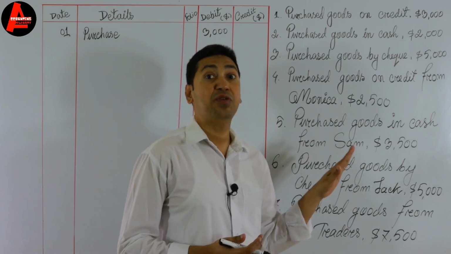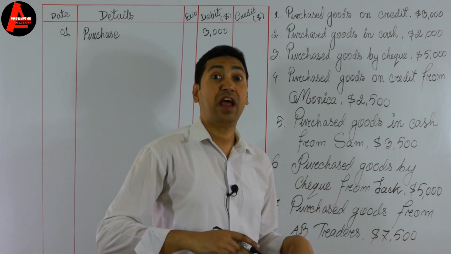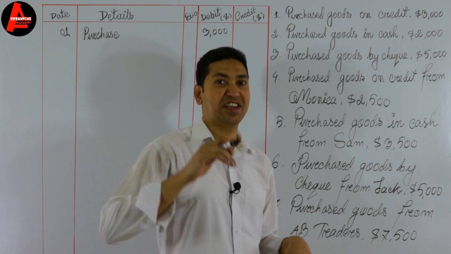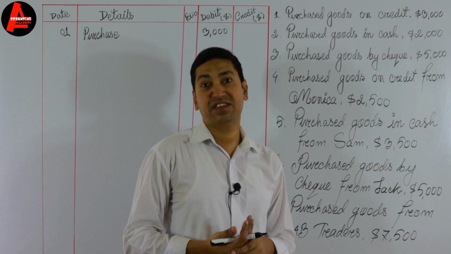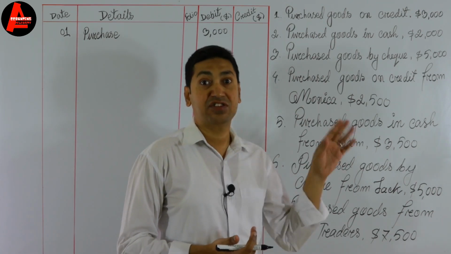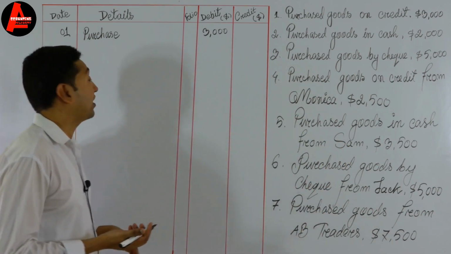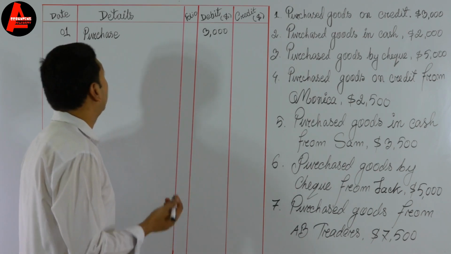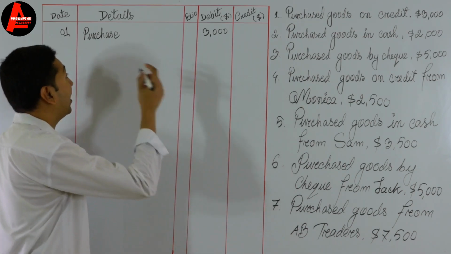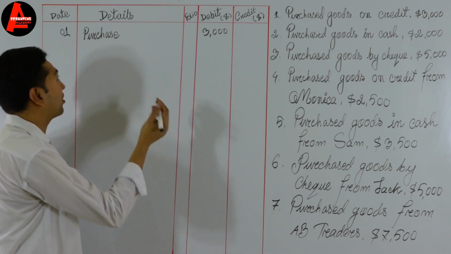It comes in the liability side of the statement of financial position or balance sheet. When you purchase goods on credit, you did not pay, it means your liability is increasing. When liability increases, liability will be credited. So we write the credit account: accounts payable or trade payable or creditor, whatever you want to say.